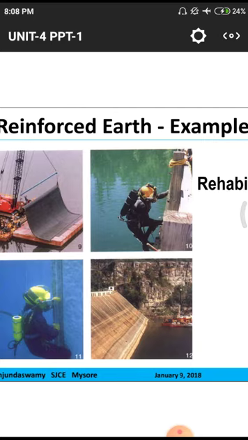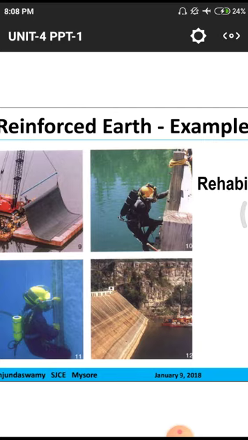Mechanism means how it works, and the different things associated with how it works. And basic concepts, components. Components means different utilities. Next one, advantages and disadvantages, that means benefits and drawbacks. Application areas. All those things we need to study in this reinforcing earth.